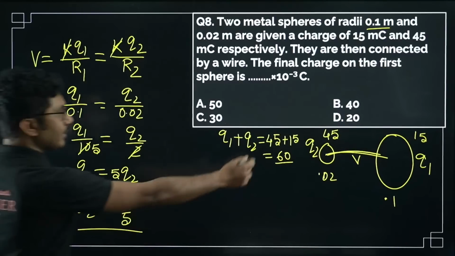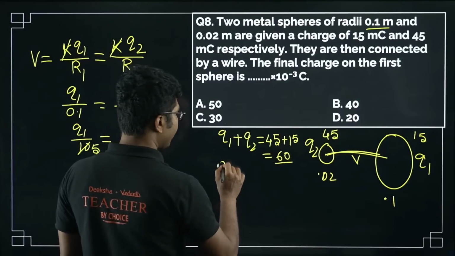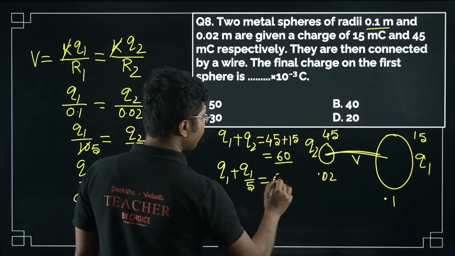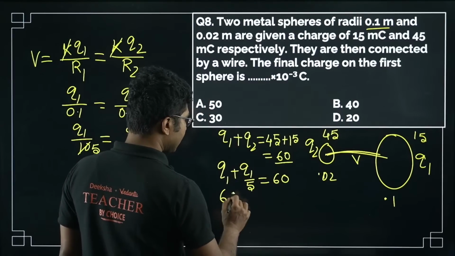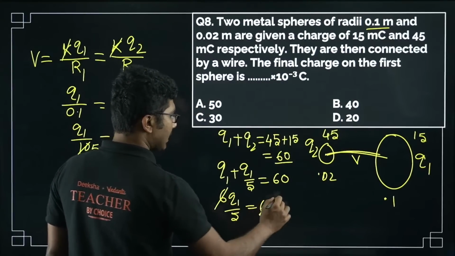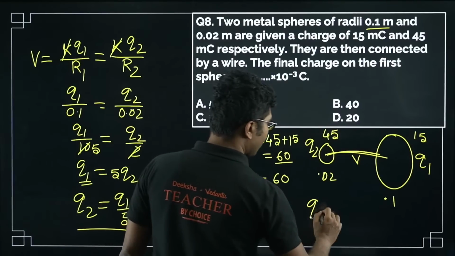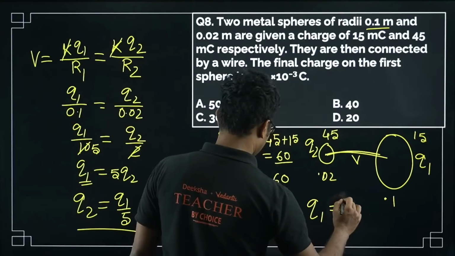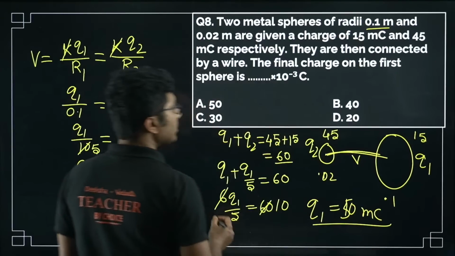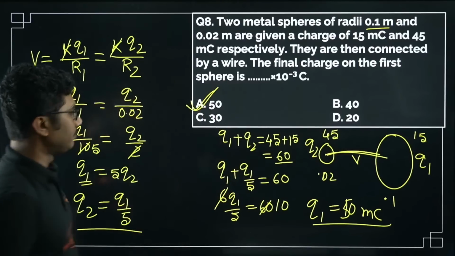Now this relation we are going to use over here. So Q1 plus Q1 by 5 equals to 60, or 6Q1 by 5 equals to 60, or 6 cancels 10. So Q1 is basically 50 millicoulomb. Okay, so answer will be 50 millicoulomb.